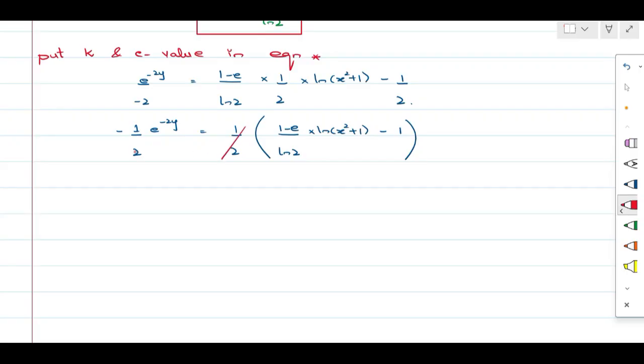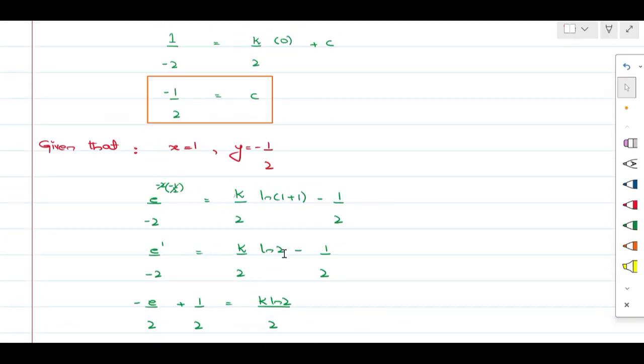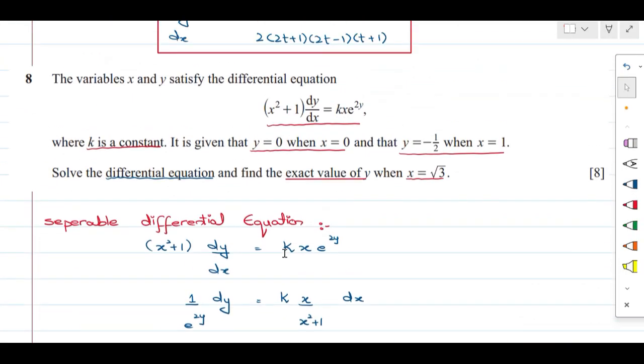Okay, so cancel 1 by 2 on both sides. We are left with negative e power minus 2y is equal to (1 minus e) over natural log of 2 times natural log of x squared plus 1, negative 1. We need to solve for y in terms of x when x is equal to square root of 3.